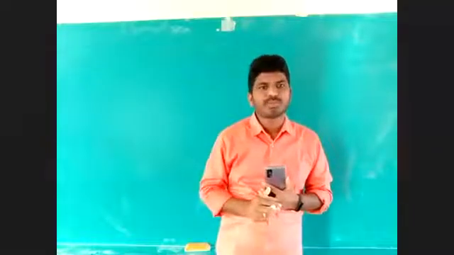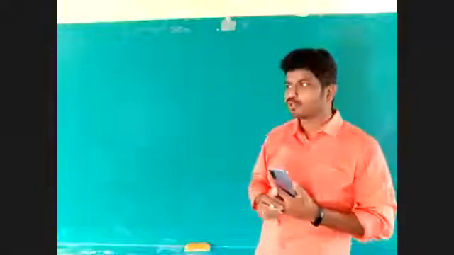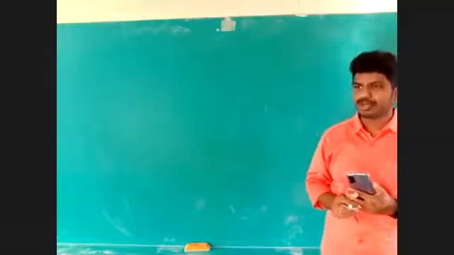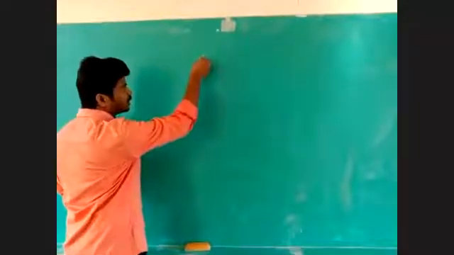Prove that PM square equal to QM into MR. Very important question. Draw one right angle triangle PQR.